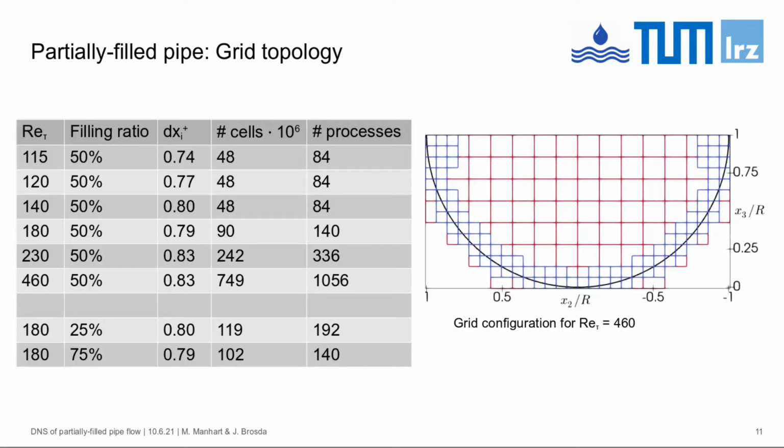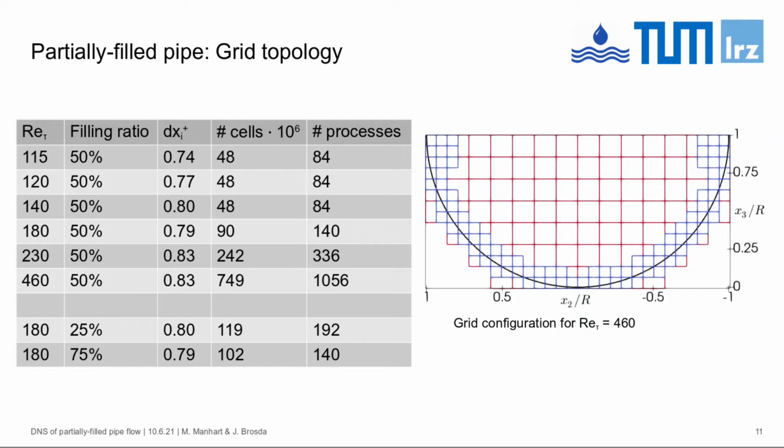We use this code to do a series of simulations of partially filled pipe. So the first series was exploring the Reynolds number effect from Reynolds tau being 115, which is marginally turbulent, up to a Reynolds number of 460, which can be viewed as fully turbulent flow.